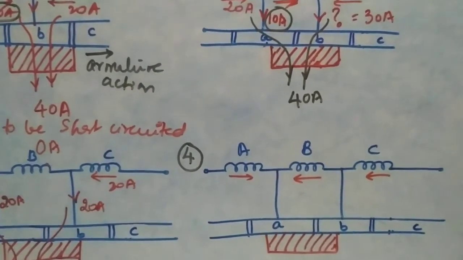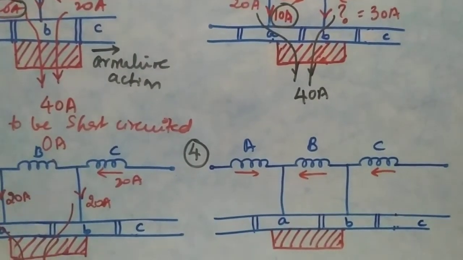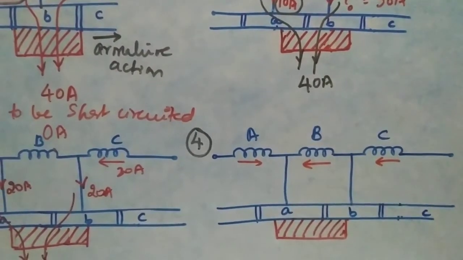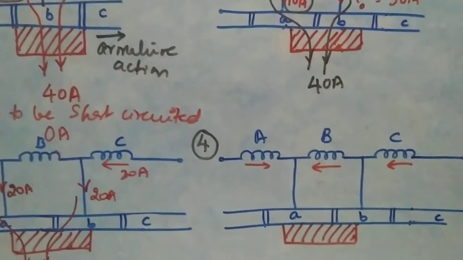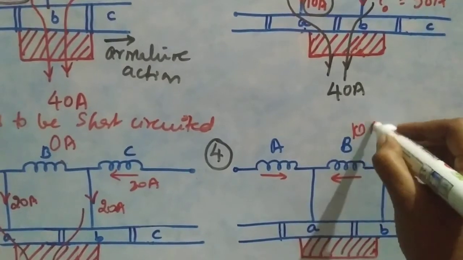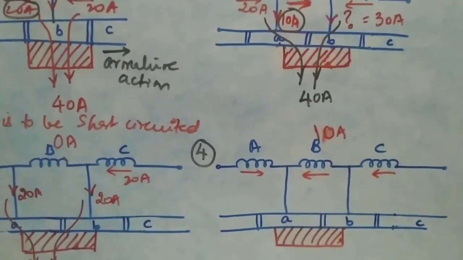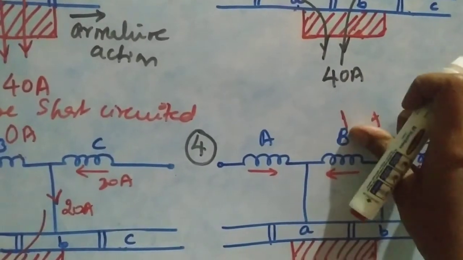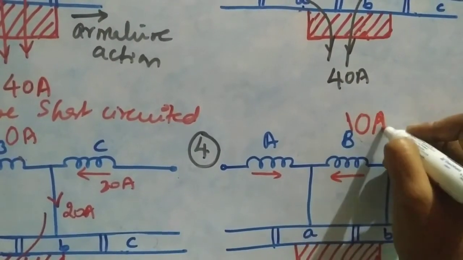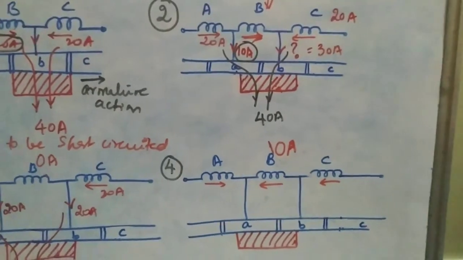So now coil B is carrying a current of 10 amperes in another direction. So here 10 amperes of current will flow in this direction, and 10 amperes of current will flow in the other direction.